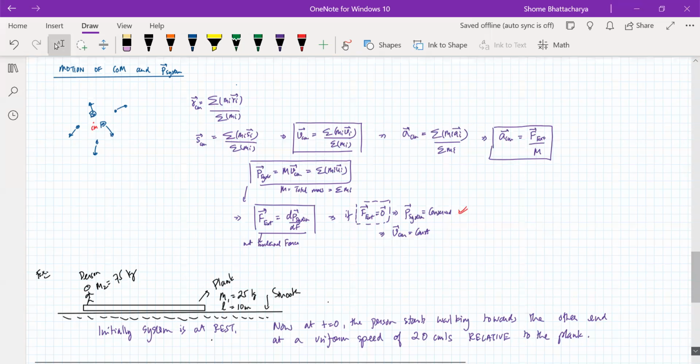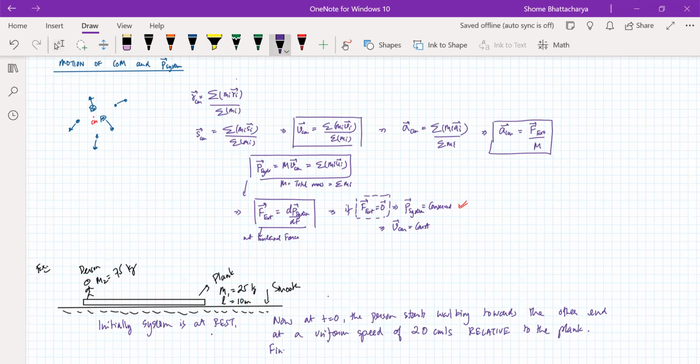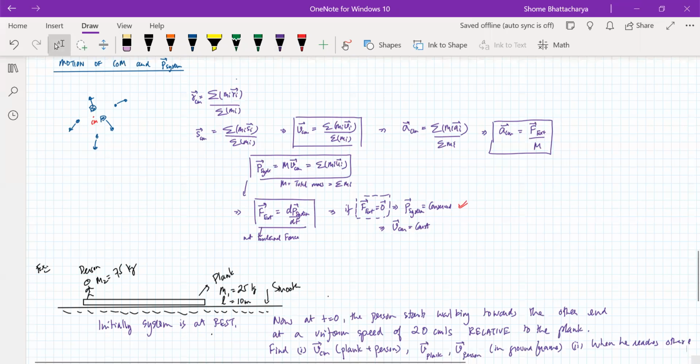So we have to find out the velocity of the center of mass of the plank plus person, the velocity of the plank and the velocity of the person, all these things in ground frame while he's walking. And when he reaches the other end, by that time, what is the displacement of the center of mass?